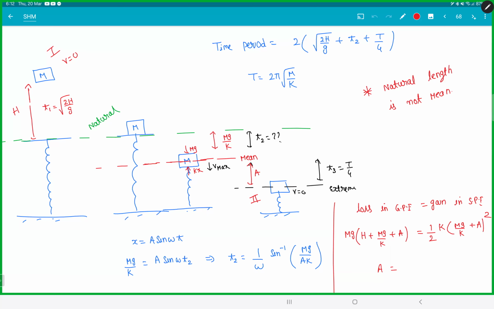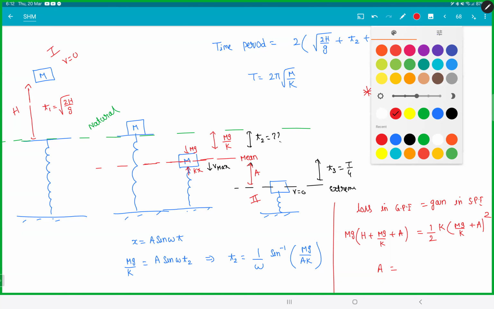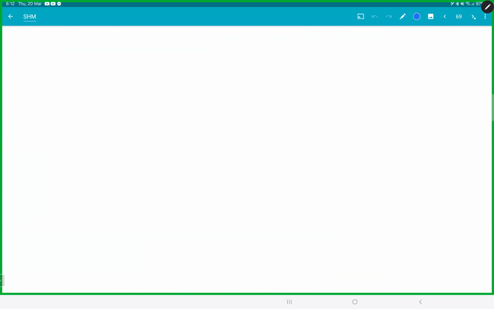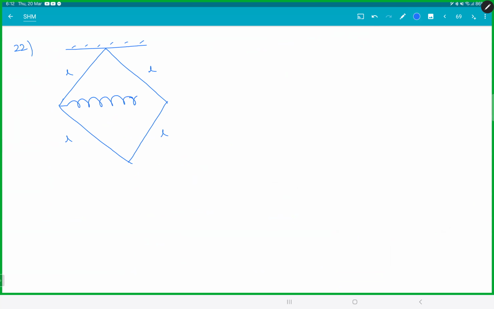Next one. We have a rhombus connected by a spring in the middle. These are movable hinges.